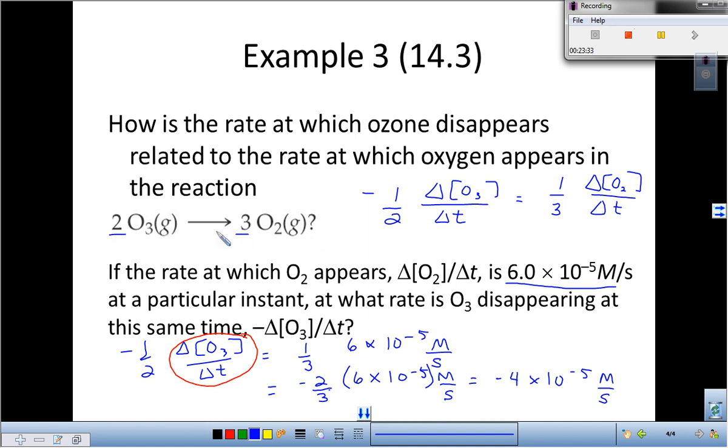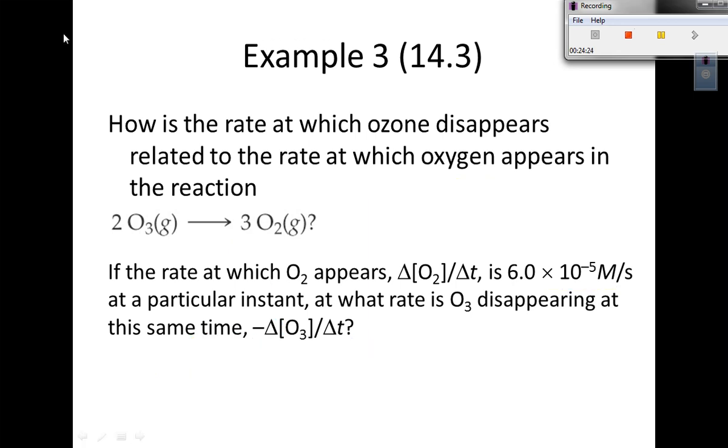For every 2 moles of this, I make 3 moles of this. So essentially, for every 1 mole of this, I make 1.5 moles of this. So isn't this going to appear faster? Does that make sense? You're going to practice with this in your homework assignment. Let me go back.